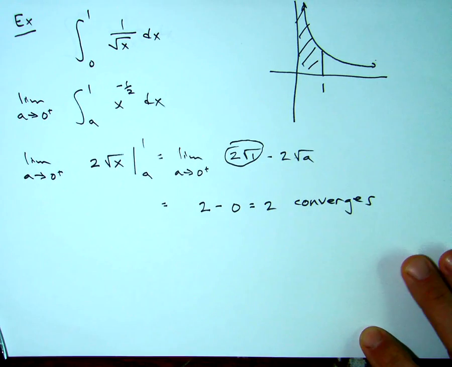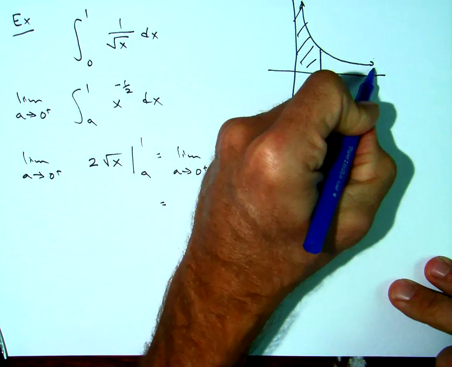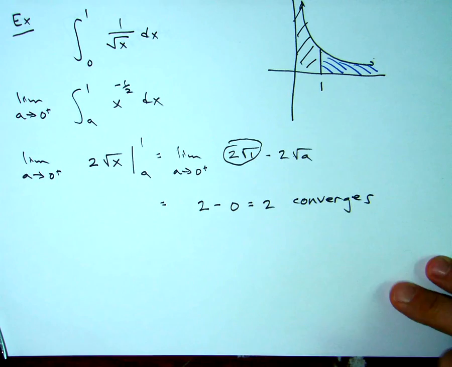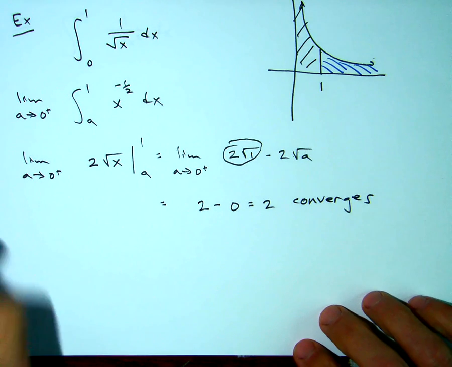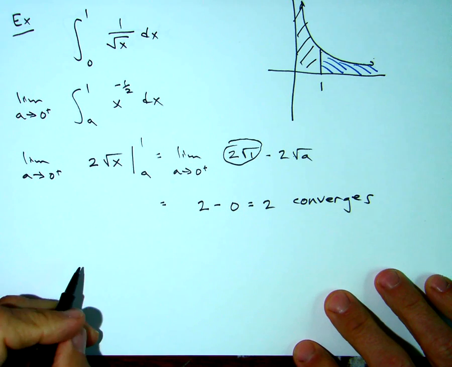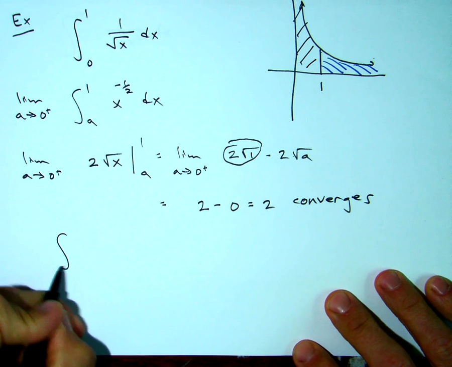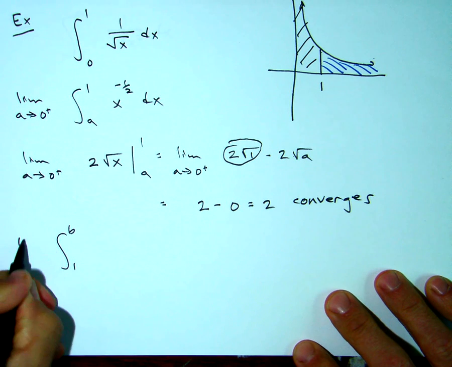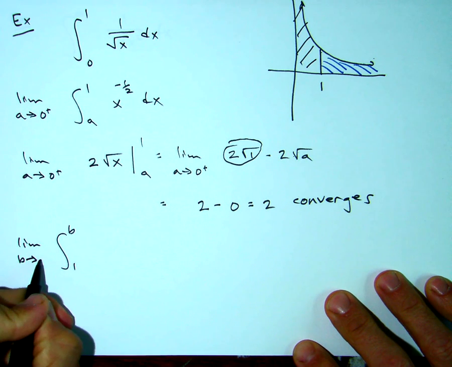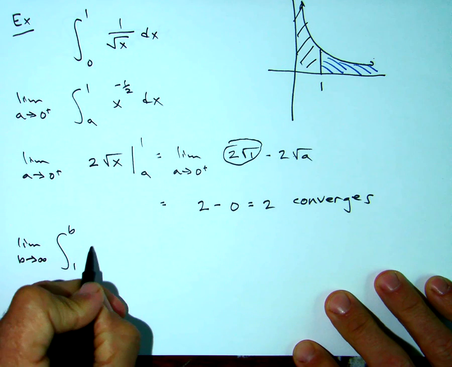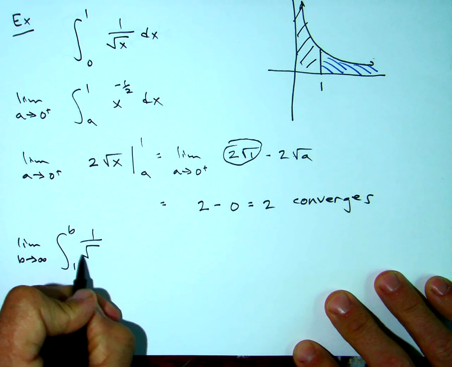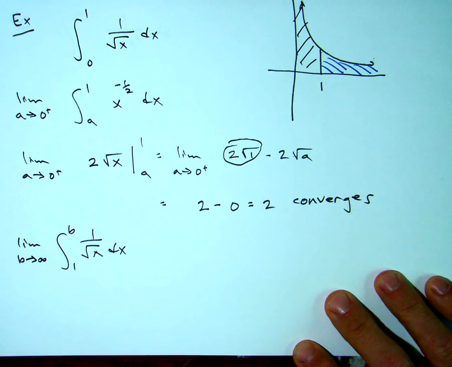Let's again take a look at what happens out here. So we're looking at the integral from 1 to b, limit as b goes to infinity of 1 over the square root of x. So let's jump down to this point.